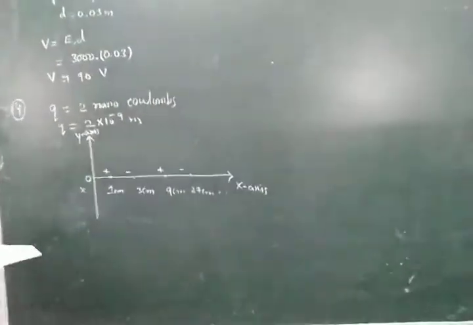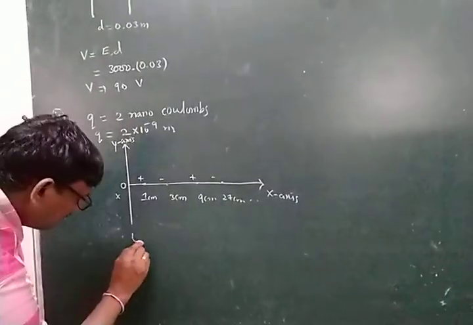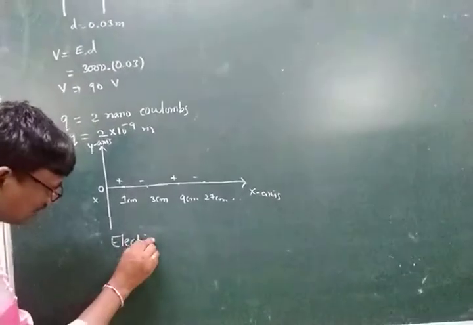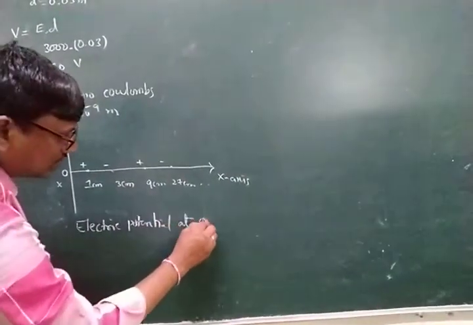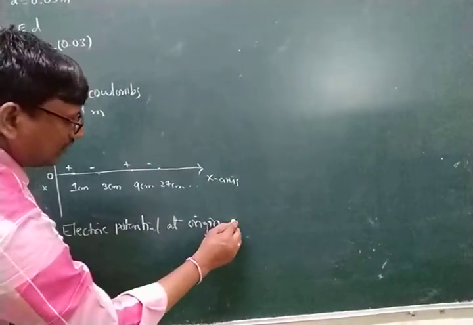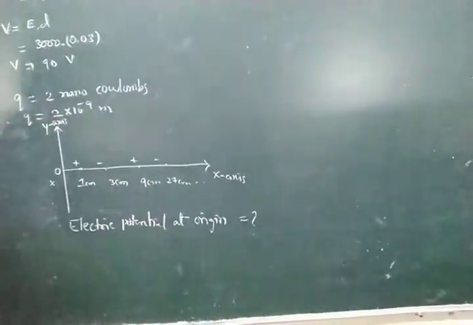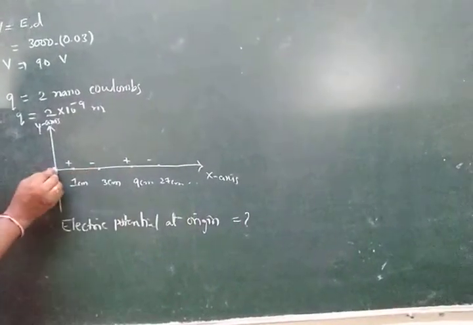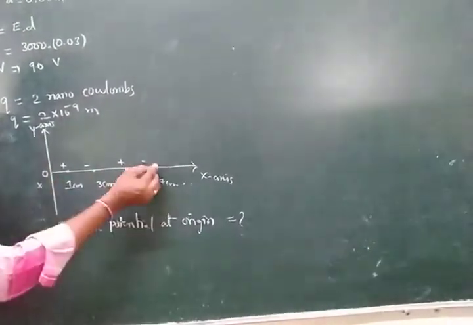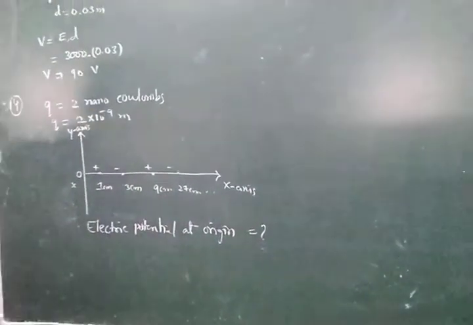Then find the electric potential at the origin. The electric potential due to the charge at 1 centimeter, at 3 centimeters, at 9 centimeters, at 27 centimeters.